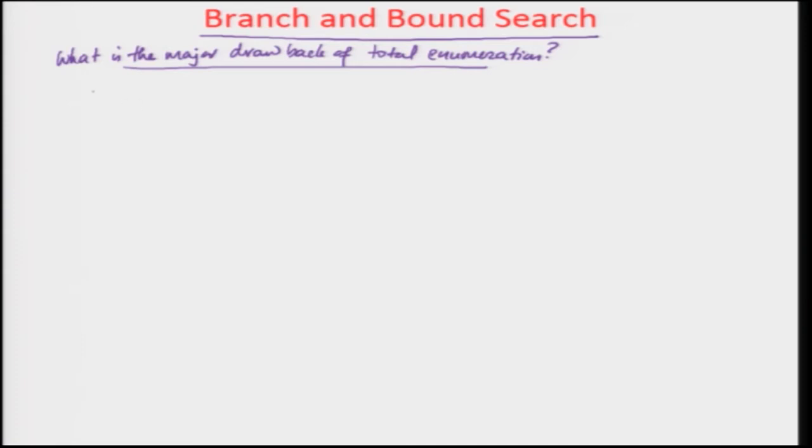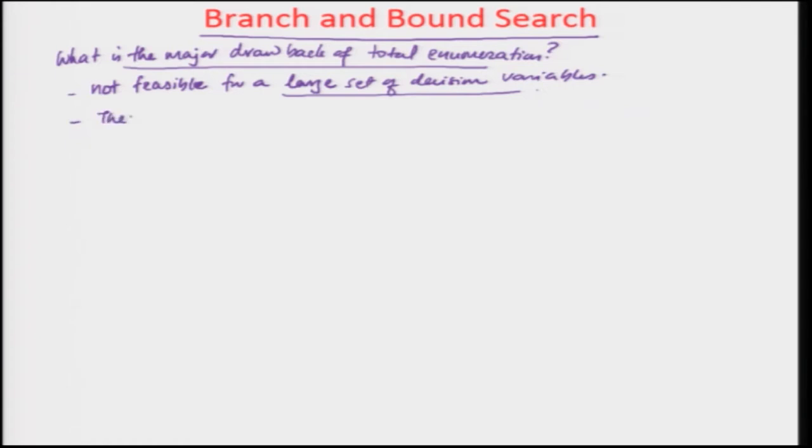This is not feasible for a large set of decision variables. If you have a large set of decision variables, this is not very feasible. Why? The exponential growth of the solution space.